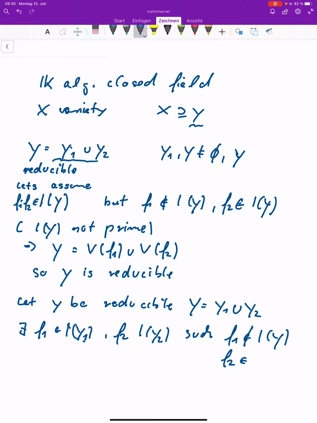So this is of course, I meant to write not an element of I of Y, sorry. So f2 is not an element of I of Y.